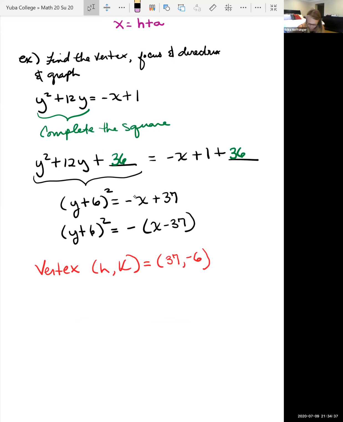So if I graph this, some 37 over here, negative 6 here, I have this point. I know because this value in front is negative that my shape is going to be facing towards the negative direction.